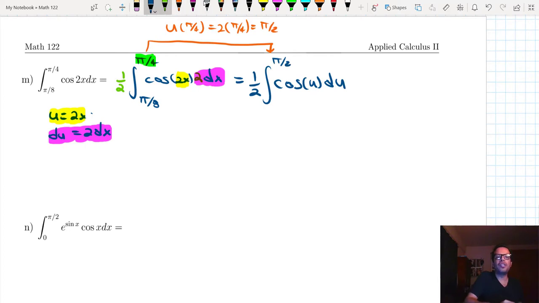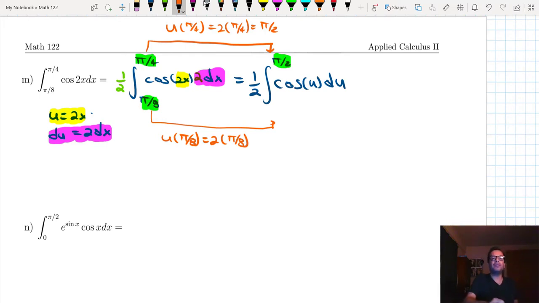And then if we change the lower limit as well, pi over 8, we should do u of pi over 8. All right, this will be 2 times pi over 8. Where did I get this 2 times pi over 8, this 2 times pi over 4?